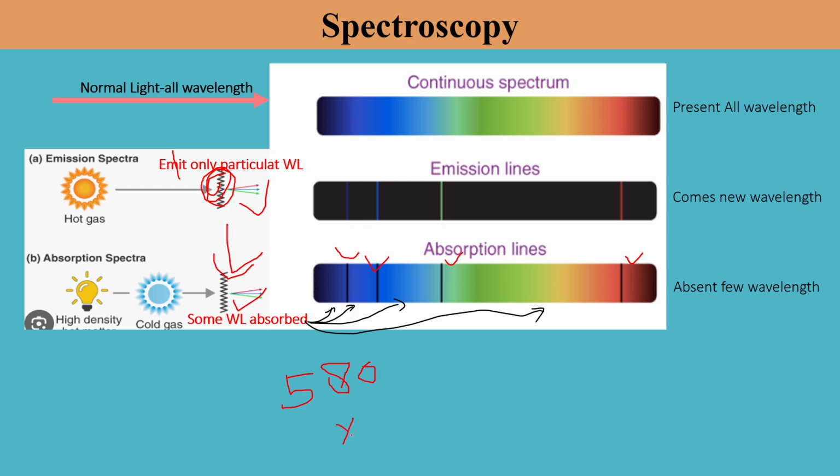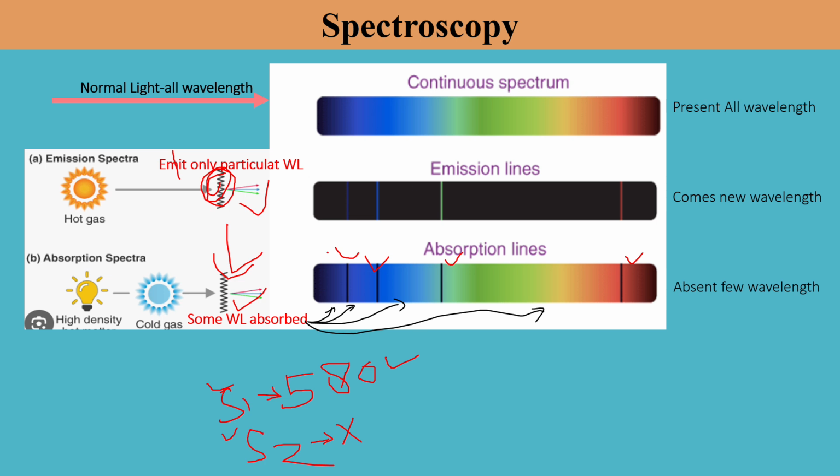This is sample 1 and this is sample 2. Sample 2 is not emitting the wavelength 580, but sample 1 is, because the nature of samples S1 and S2 is different.